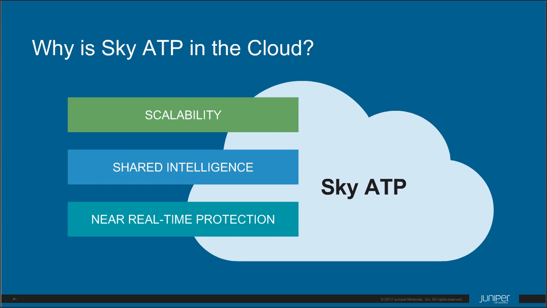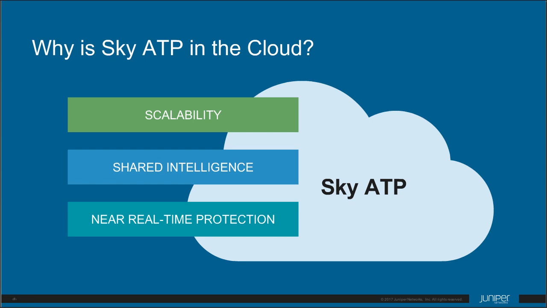Secondly is the shared intelligence. By being in the cloud, we can share that information with all the SkyTP customers. So if customer A has found a zero-day attack, and this is saved in the cache of SkyTP, immediately all the other customers everywhere in the world who are using SkyTP services will also be prevented from those files and from this malware.